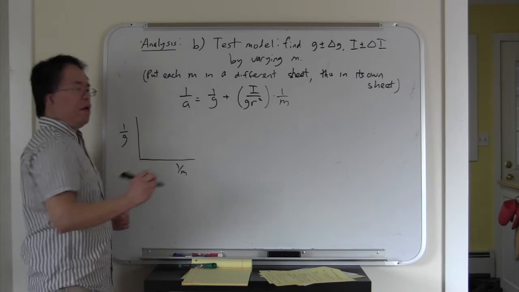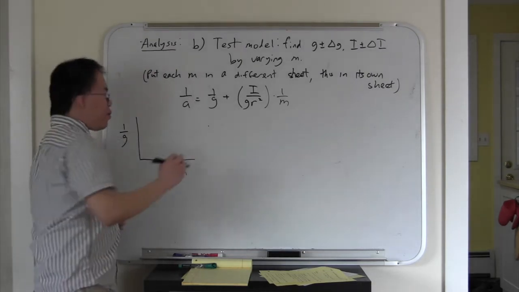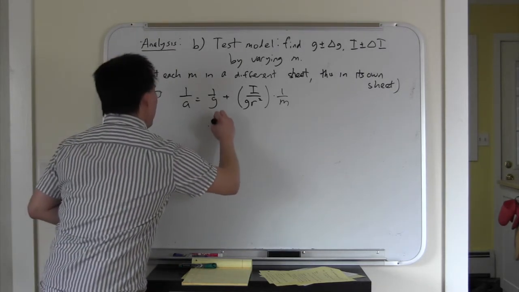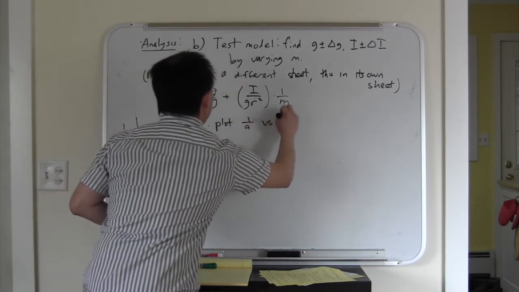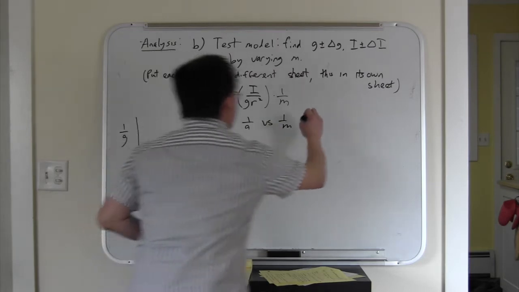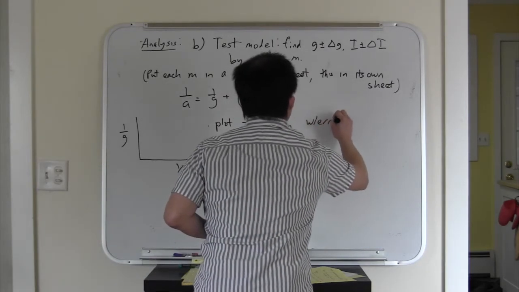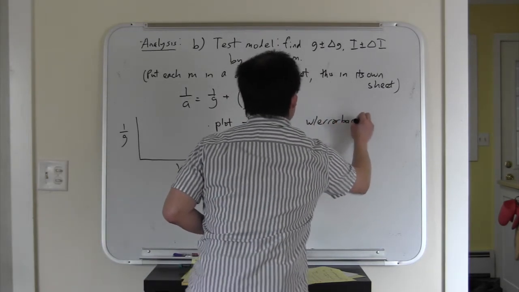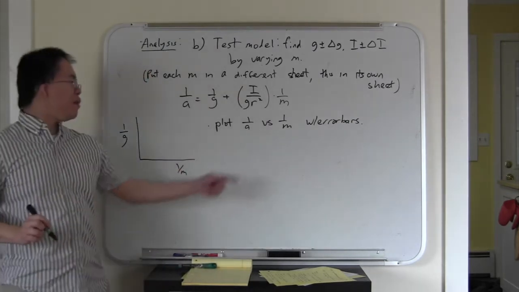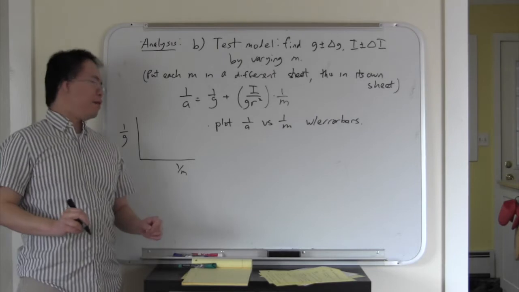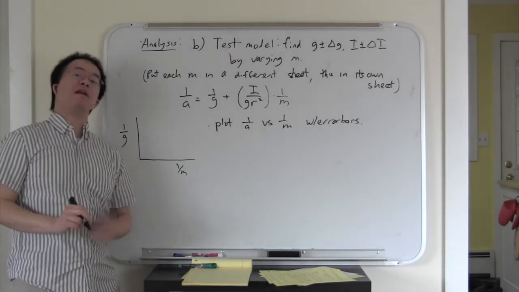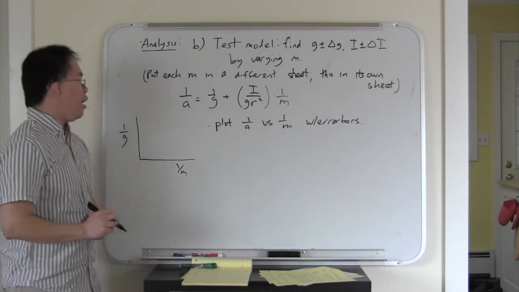This time we'll want to do this with error bars. Plot 1 over A versus 1 over M with error bars. There will definitely be some uncertainty in the acceleration, and as we'll think about more later this week, there'll definitely be an uncertainty in the mass as well.